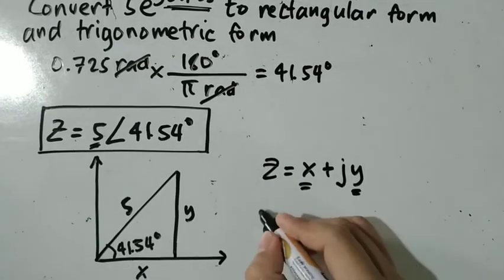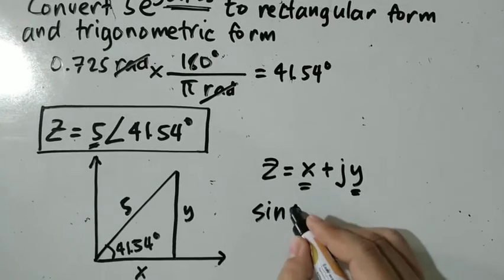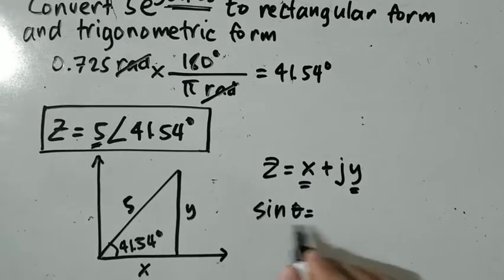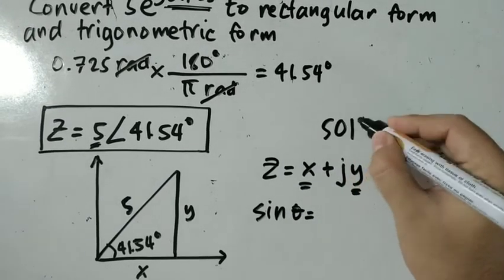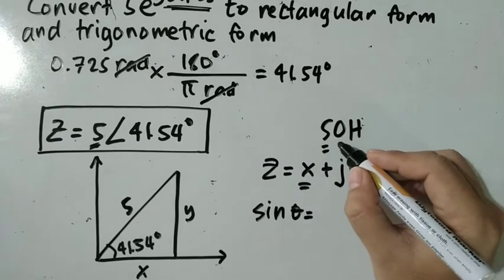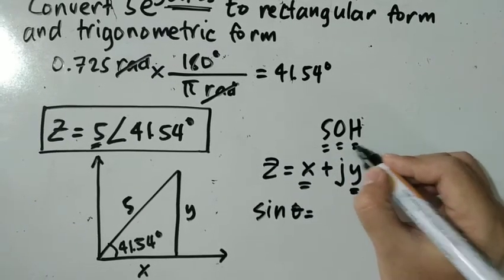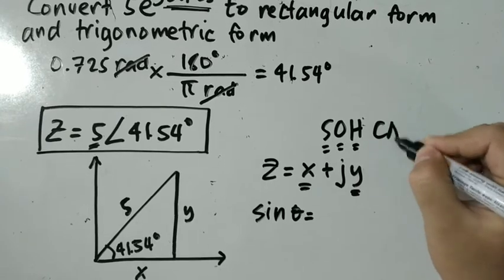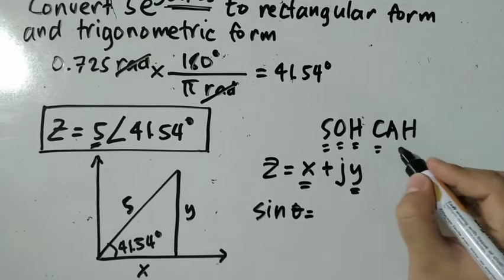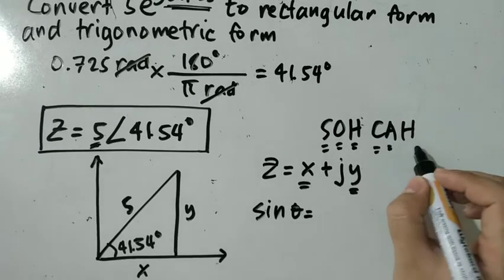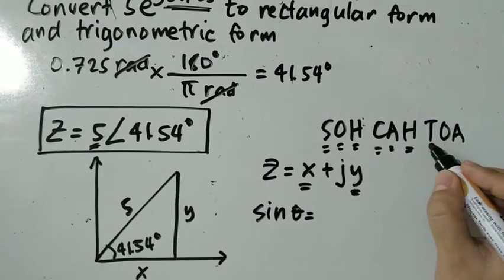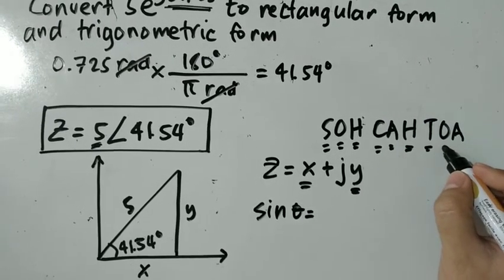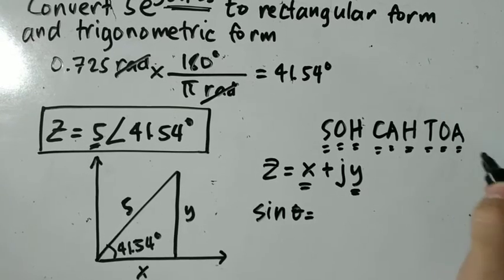you remember SOHCAHTOA. Sine theta is equal to the side opposite over the hypotenuse. Cosine is the side adjacent over the hypotenuse. And TOA, tangent is the side opposite over the side adjacent.